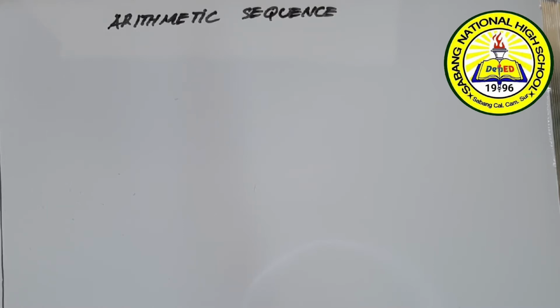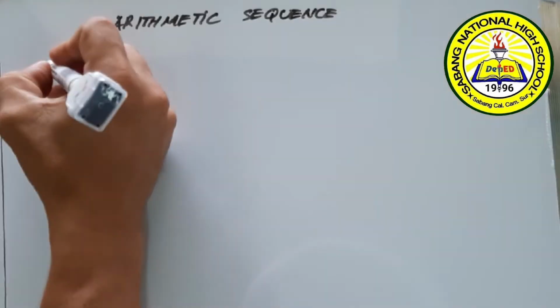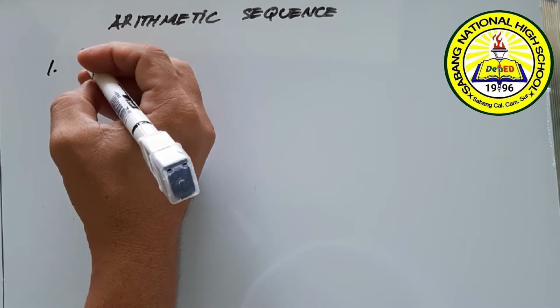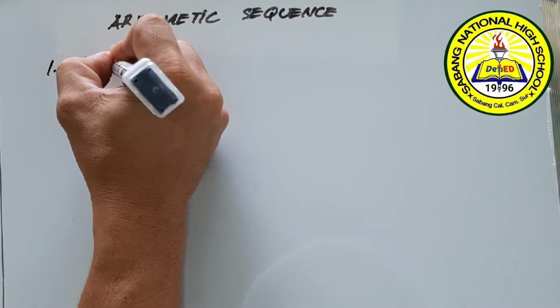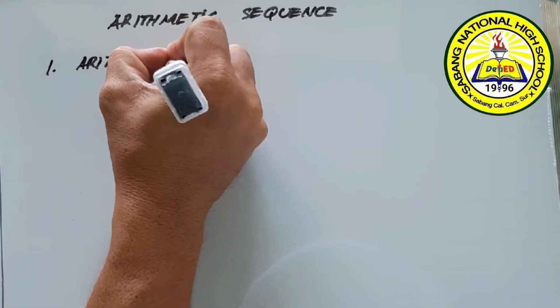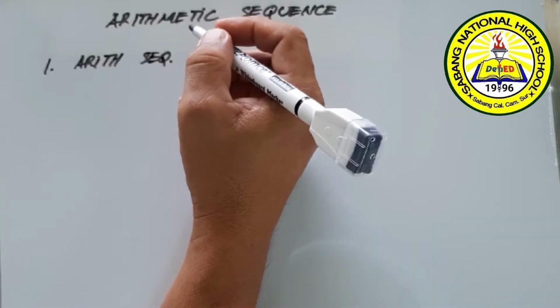There are three most important words in arithmetic sequence. Number one is the word itself, arithmetic sequence. What is an arithmetic sequence?